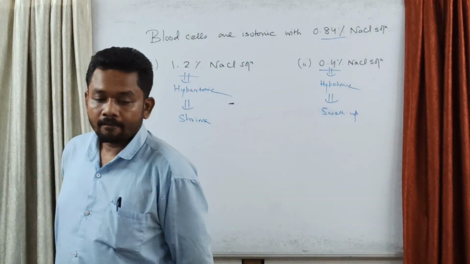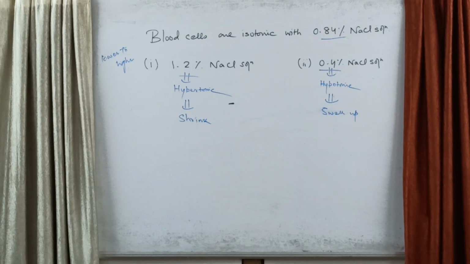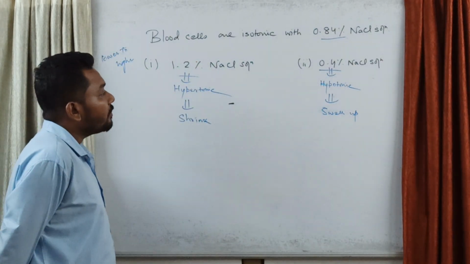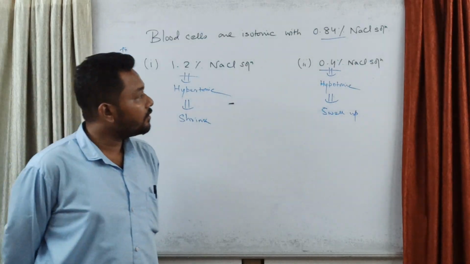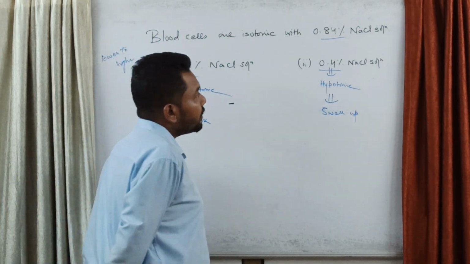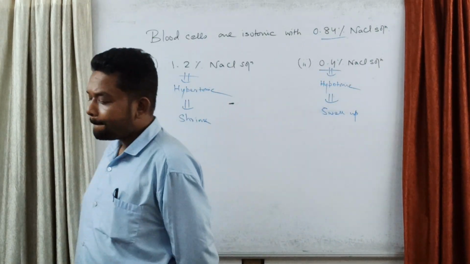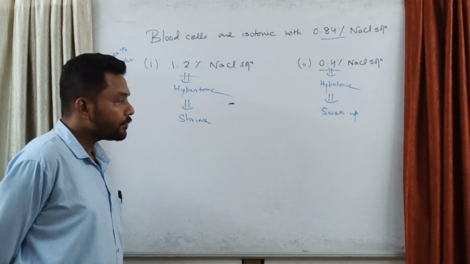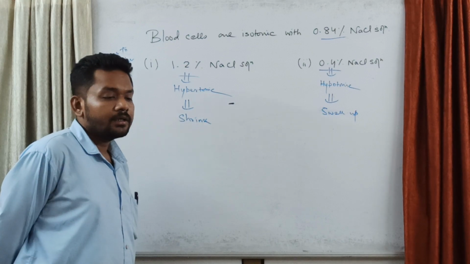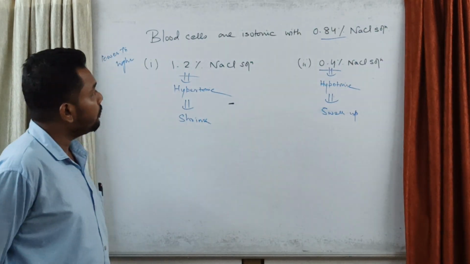Second point. 0.4% NaCl solution is hypotonic with respect to 0.84% NaCl solution, which is isotonic with blood cell osmotic pressure.